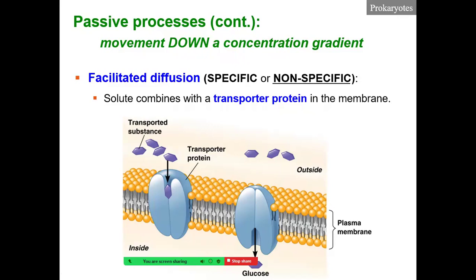Everyone catch that? So the transporter protein, in the case of glucose, actually changes its function. Initially, it acts as a facilitated diffusion protein whenever the glucose is higher outside the cell than inside the cell.